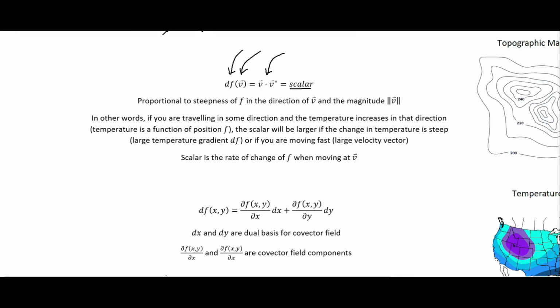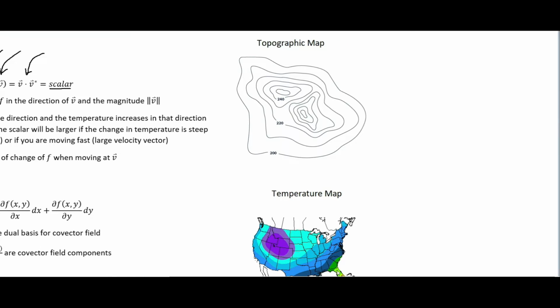And so over here, I have some instances of covector fields that you might run into in the real world, where we have this topographic map where each one of these lines represents a point of constant elevation. So the elevation right here is the same as the elevation right here, and the same as the elevation right here, and so around that whole thing.